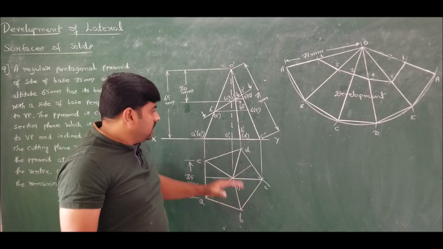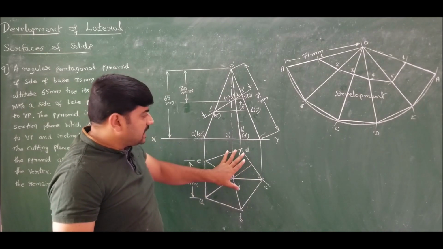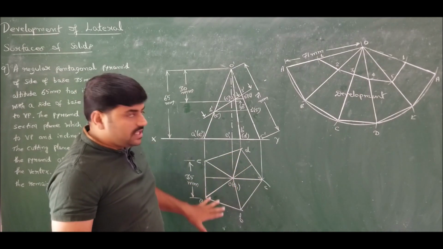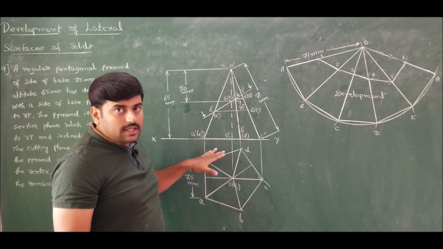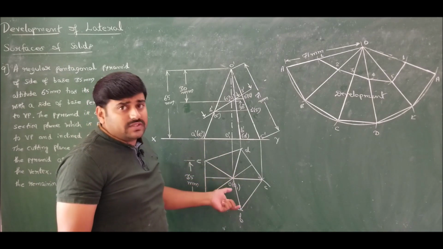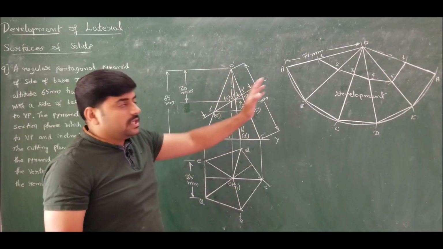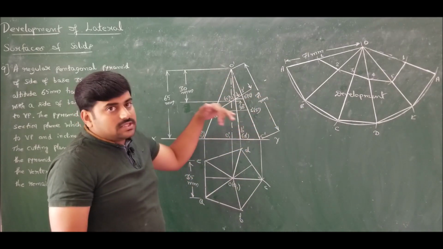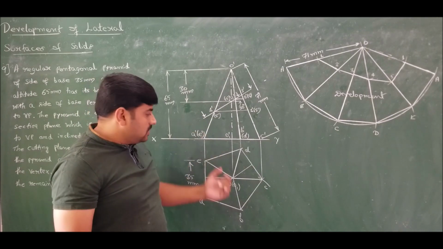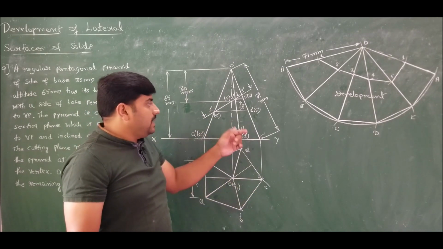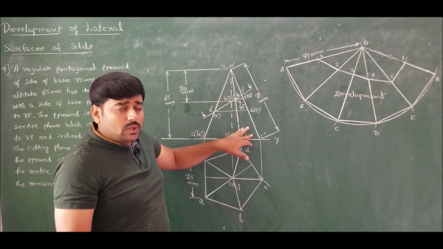No need to worry. If this pentagon would have been inclined at certain angle and none of the slant edges in the top view are parallel, then I should make any one of the slant edges parallel and take the projection, use that as a reference and draw the development. The difficulty is not present in this problem because O to C is parallel to VP, so O dash C dash is a true slant edge.